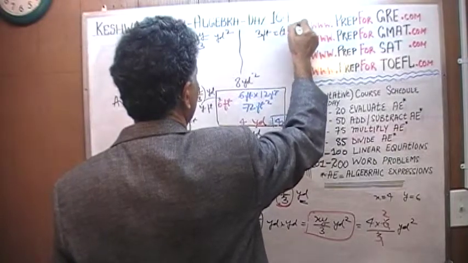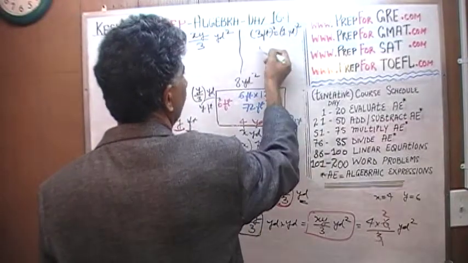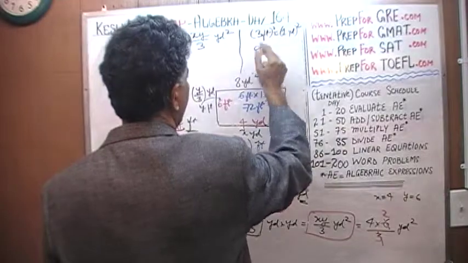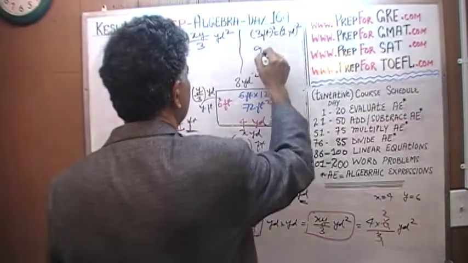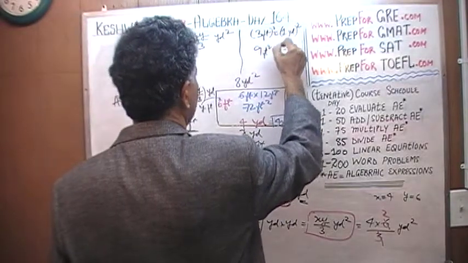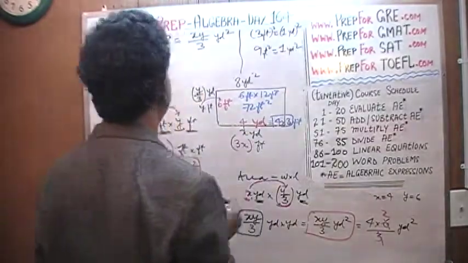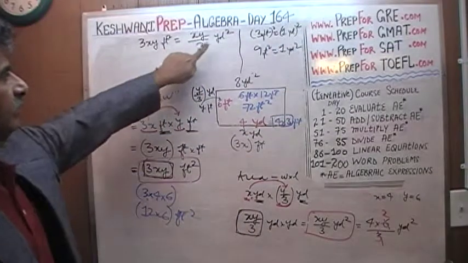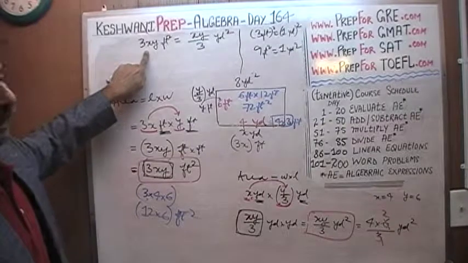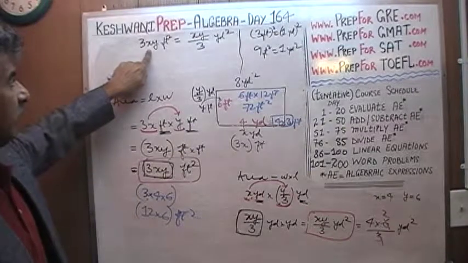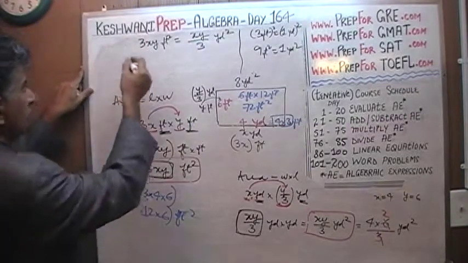Therefore, if you were to square both sides, you will see that 9 square feet equals 1 square yard. So if you want to go from square feet to square yards, you have to divide this quantity by 9. And what happens if you divide that quantity by 9?